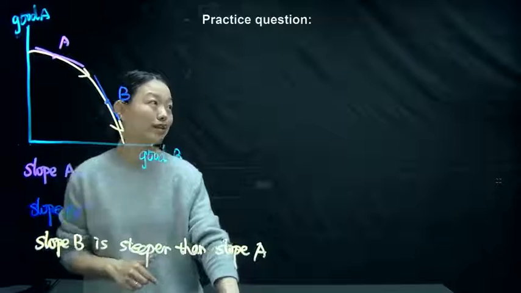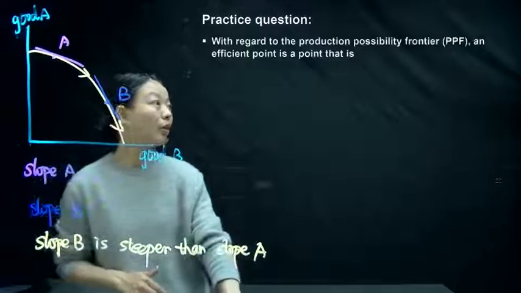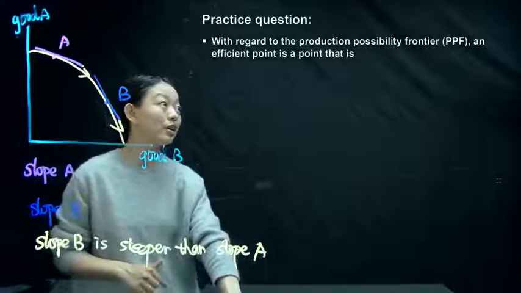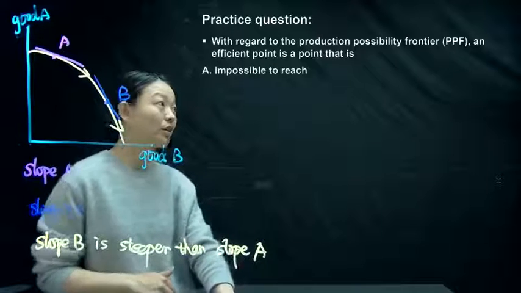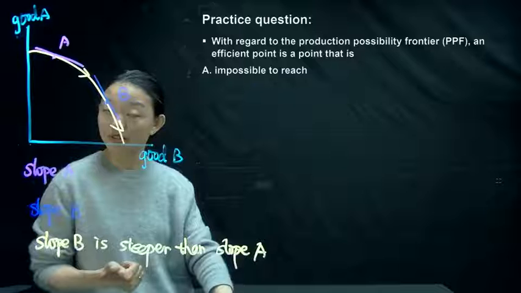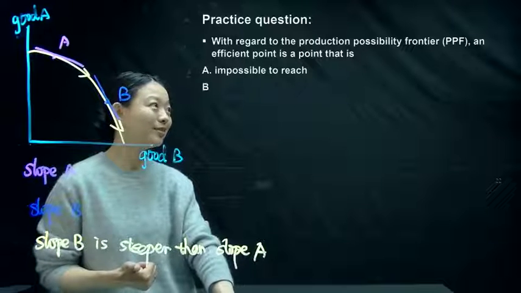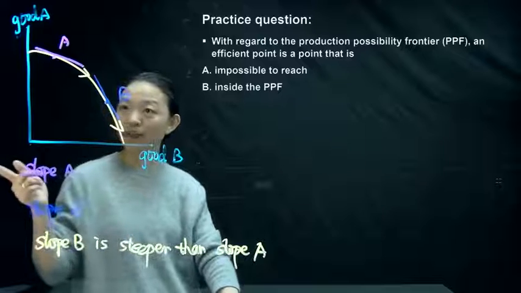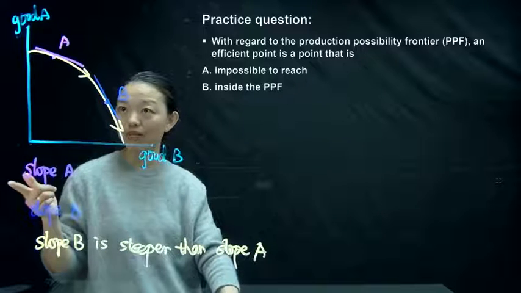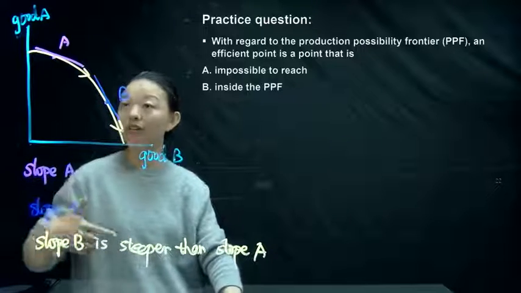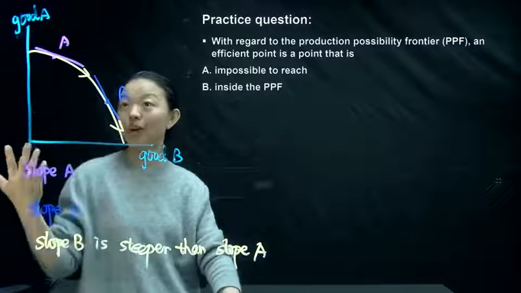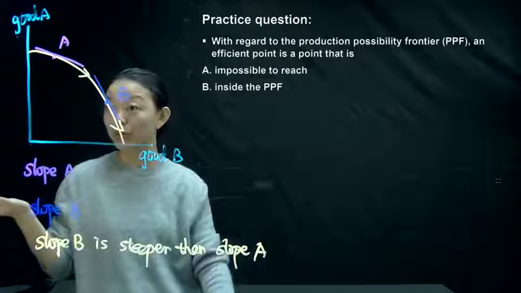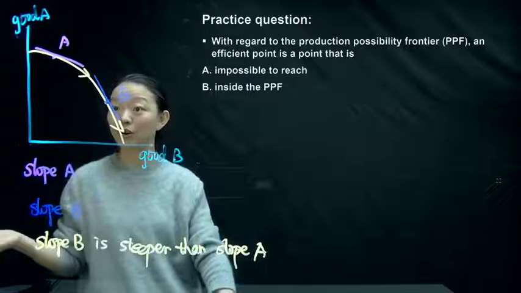Now let's look at one practice question. With regard to the PPF, an efficient point is a point that should be impossible to reach. Is it correct? I don't think so. Do you think inside a PPF is an efficient point? No. As we talked about before, at point F in the previous slides, the economy is able to produce, however it cannot fully utilize all the labor hours.